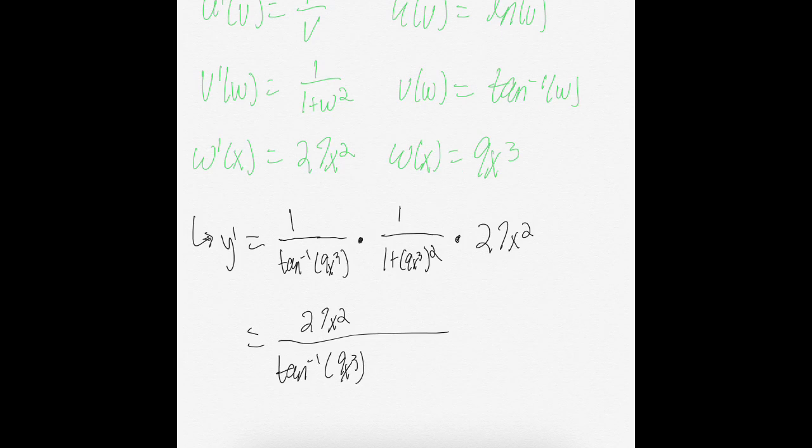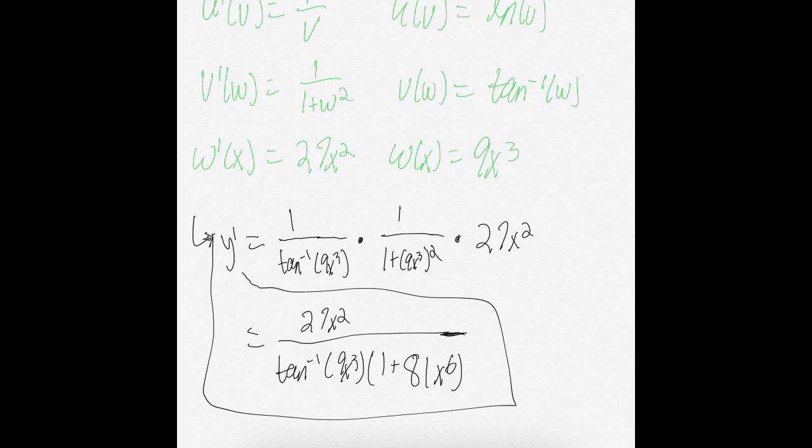We can rewrite this a little bit, but really it's not going to get much nicer than that: 27x squared over tan inverse 9x cubed times 1 plus, and then I can square that to get 81x to the 6th. And that's our derivative.